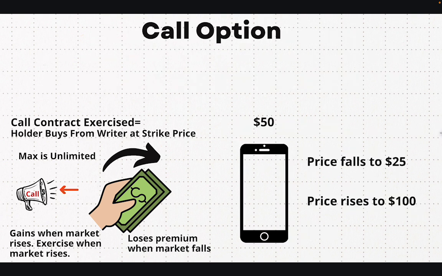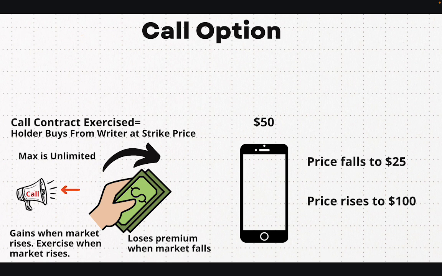Okay, I already gave the example, so I'm not going to really go into it, but the holder buys from the writer at the strike price, and we basically went over this. So if the price of this phone falls to 25 versus the price rises to 100.